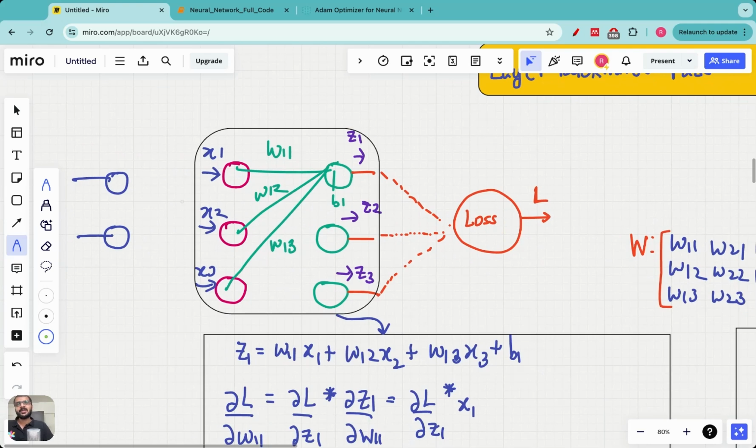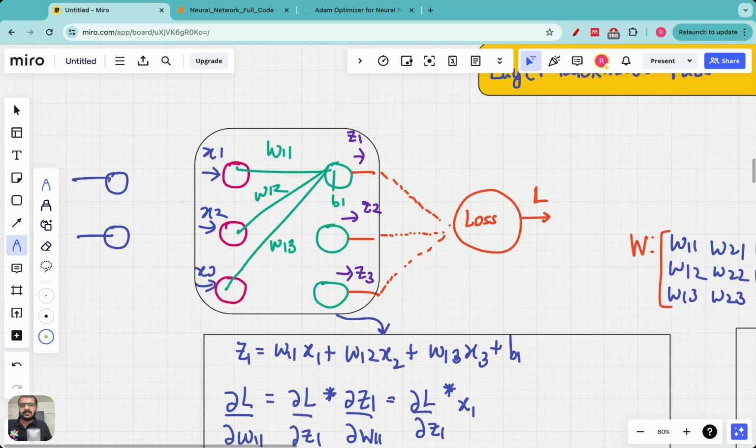We need these partial derivatives because let's say we find the loss in a particular iteration, and we want to find who to blame: which weight is to blame for this big loss, which bias is to blame for this big loss. So if you want to decide who to blame, we need to find out if a small change in that parameter leads to a big change in loss.